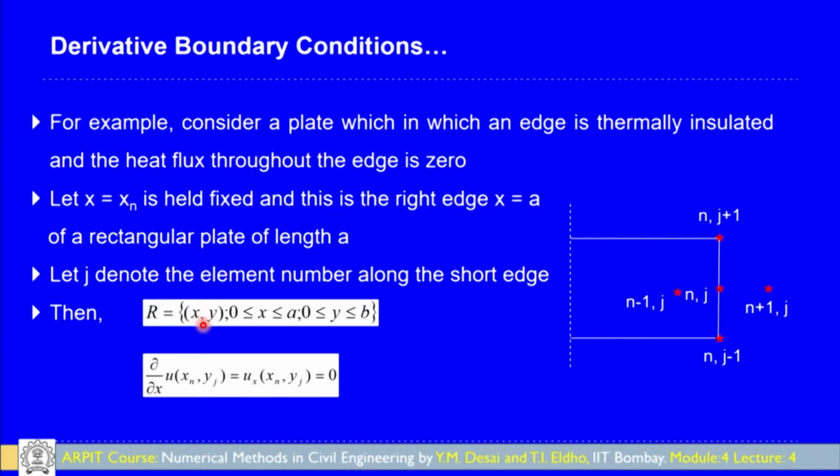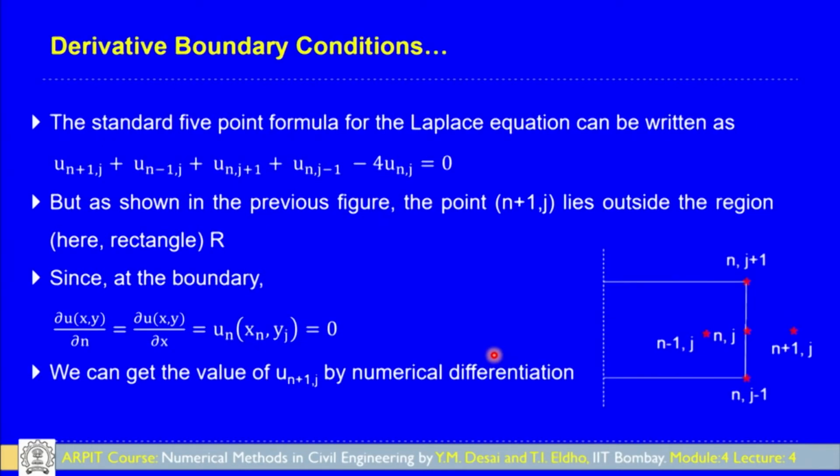Here R is the domain (x, y), where x is between 0 and a and y is between 0 and b. The boundary condition we want to consider is del u by del x of u(x, y_j) equal to 0. That is the derivative boundary we need to consider.